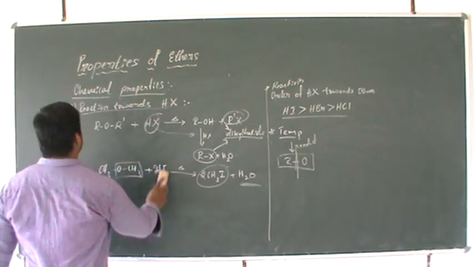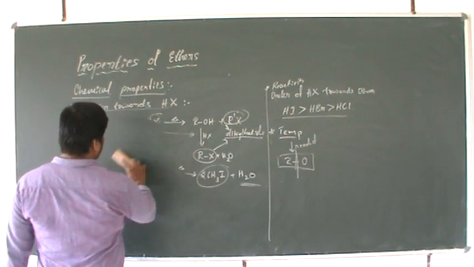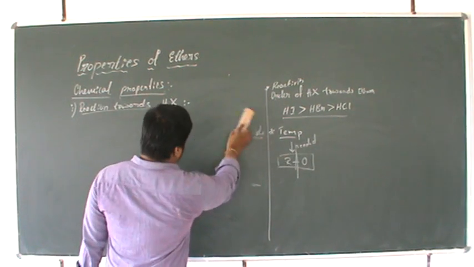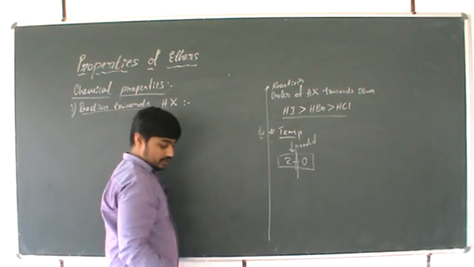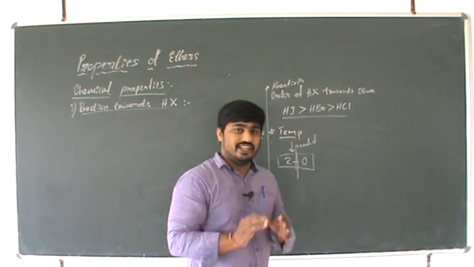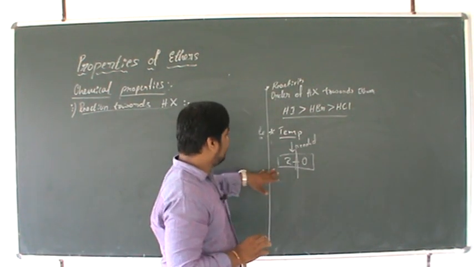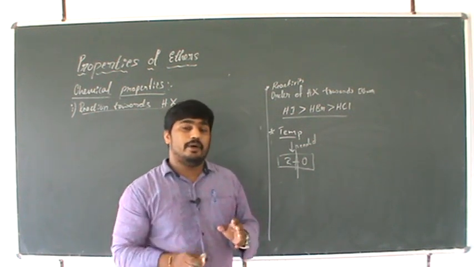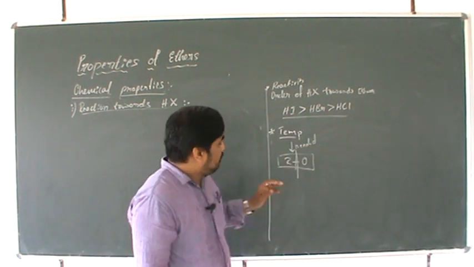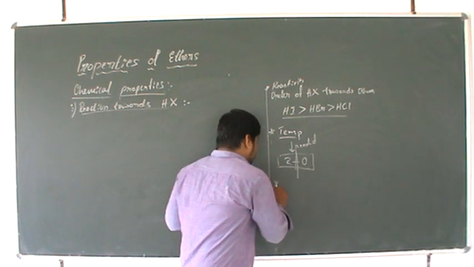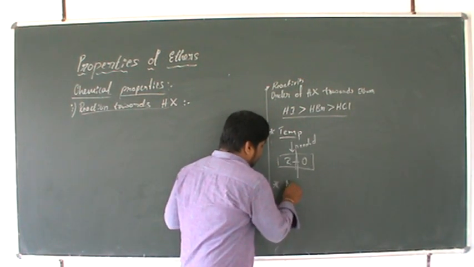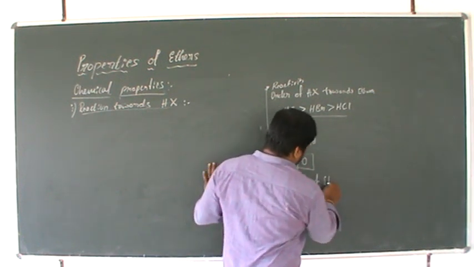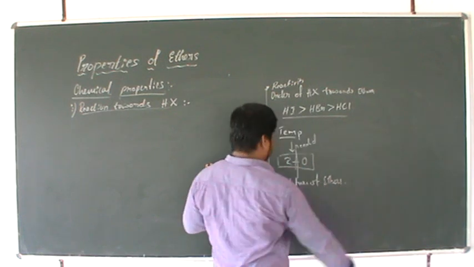Next, we move on to the second type of the reaction. In this case, we observe another important condition. What we studied are general things, but under general things there is an important part, that is the nature of ethers.